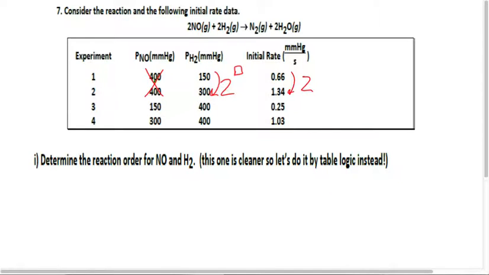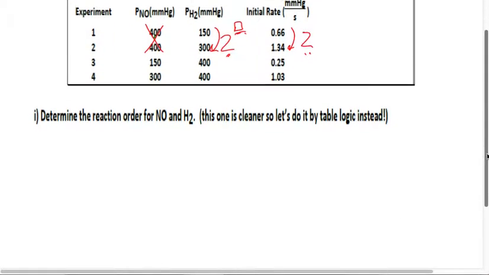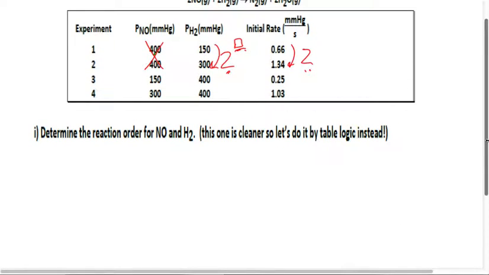So the question is, what exponent do I raise this to to get that change? 1. And so that's the answer. First order with respect to which one? Well, it's not pH2, it's H2, because these are just pressures. That's why the P is there. First order with respect to H2.